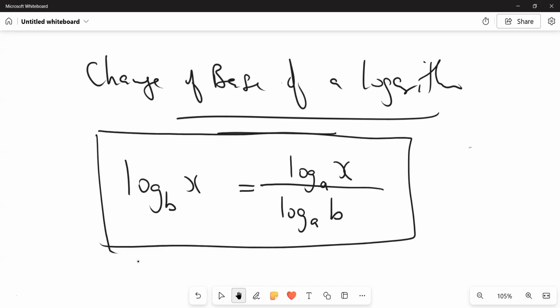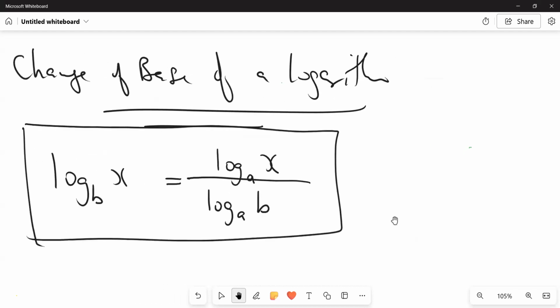All right, I'll show you an example in just a moment where you need the change of base. So keep that in mind. Maybe let's throw an example here.